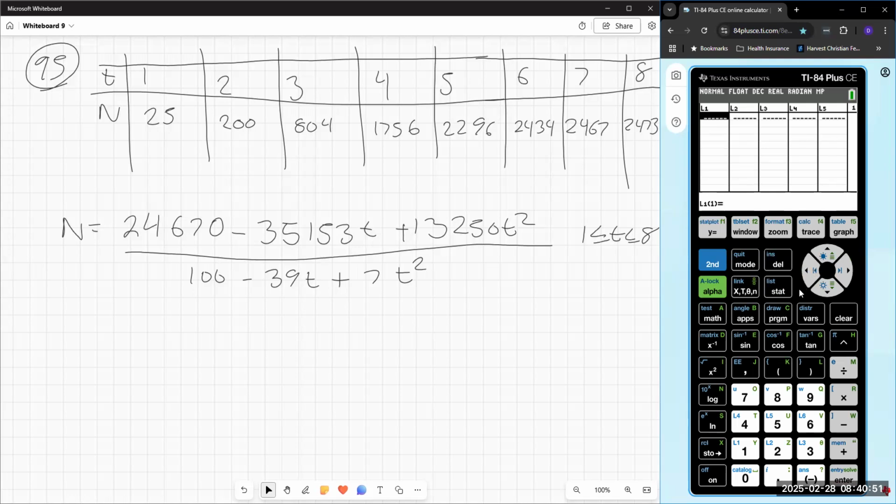So we want 1, 2, 3, 4, 5, 6, 7, 8 in L1, that will be for our days, and our population of our culture or colony will be right here.